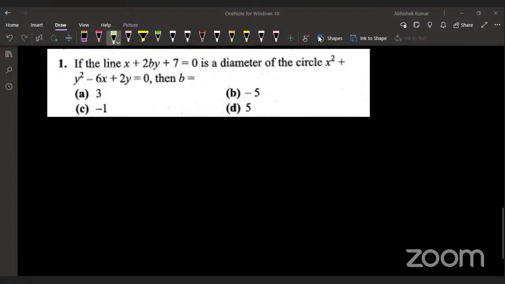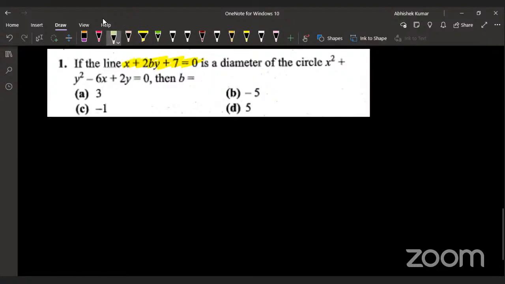So this is the new answer. Okay. I want the approach. Sir, I found out the center, then I put those values in the equation. You found out the center. Okay, fine, good. See, since this line is the diameter, the center will satisfy this.